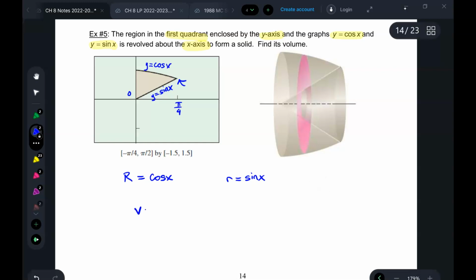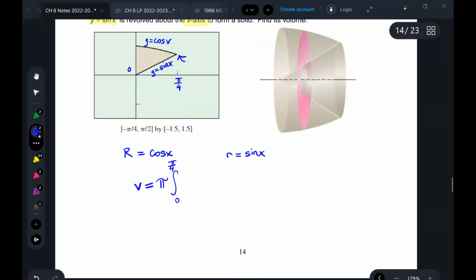Okay, so volume. Again, pi on the outside, 0 to pi over 4. What are we going to have? Cosine squared minus sine squared dx.